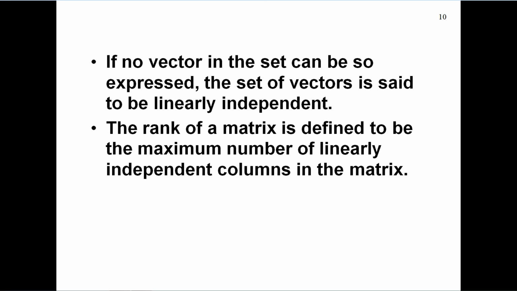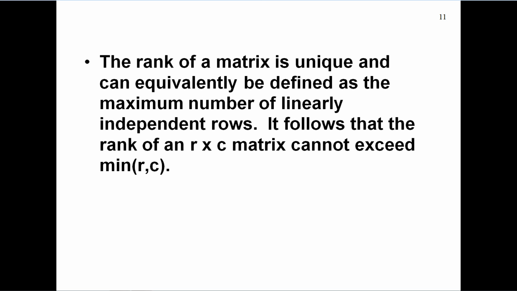If no vector in the set can be so expressed, that is, if no vector can be written as a linear combination of the other column vectors, then we say we have a set of linearly independent column vectors. The rank of a matrix is defined to be the number of linearly independent columns in the matrix. And again, this is going to be very important to us when we start finding the inverse of matrices.